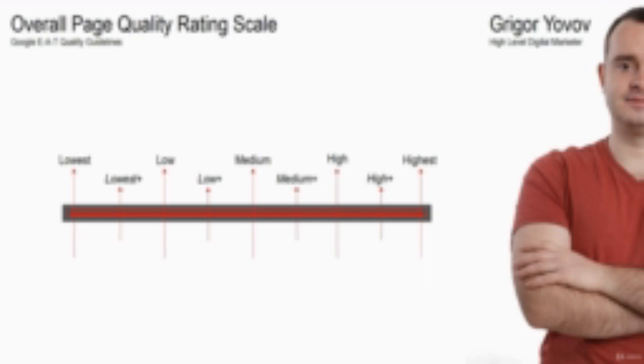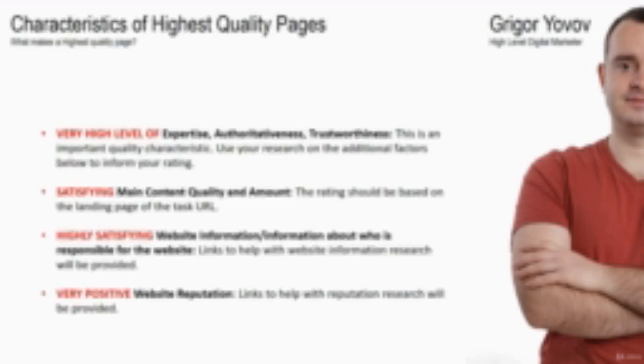Hello! In this video, we'll look at the highest page quality rating scale, and let me show you what Google says you need to have in order to get this highest grade.